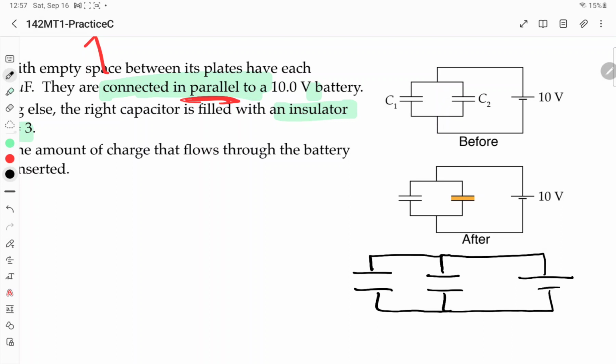Now the nodes you're sharing are like this node and this node. So since you could just pull this down, you're saying that this node is the same and this node is the same, right? So they're sharing the same nodes as the 10-volt battery, meaning that, hey, if the difference from here to here is 10, then the difference from here to here has to be 10 because they're the same nodes. So that means that here is also 10 volts.